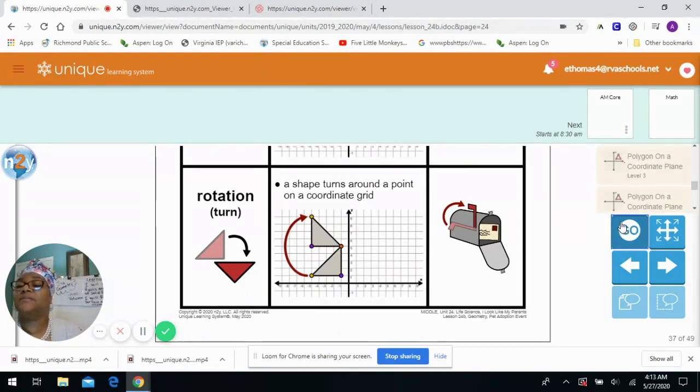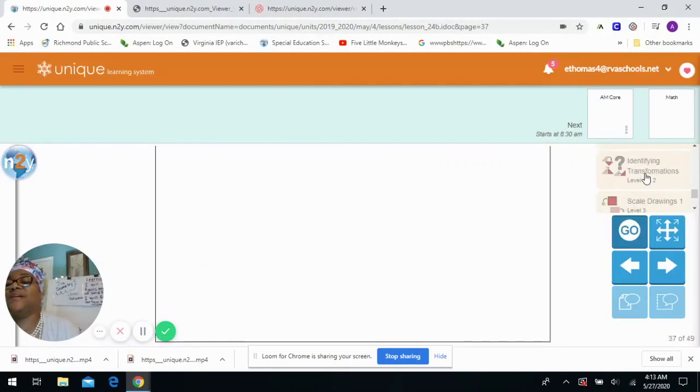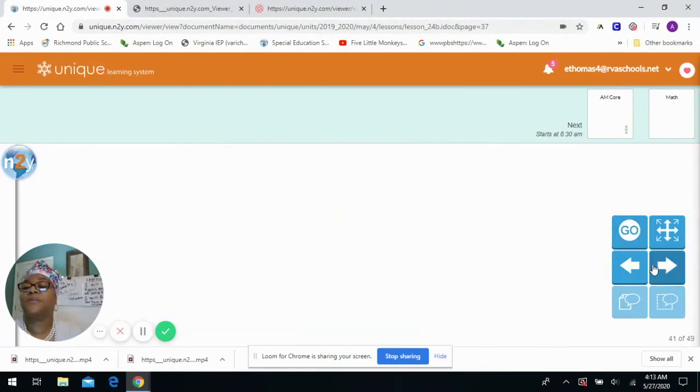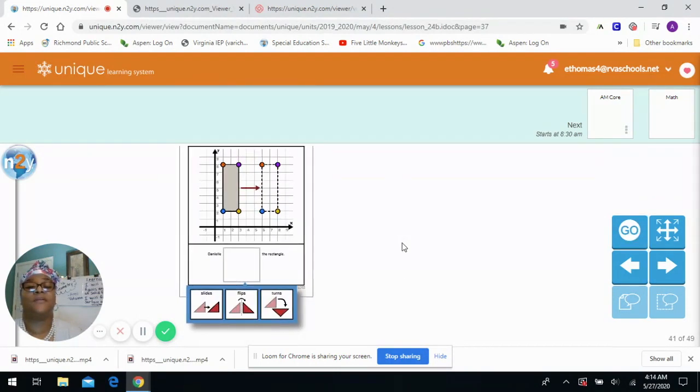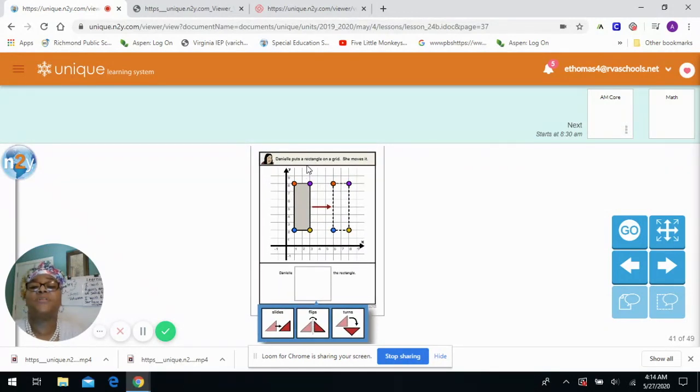All righty. Okay, let's have some fun with this one. Okay, here we go. Uh-oh, where did it go? There it is. All right, it says Danielle puts a rectangle on a grid.